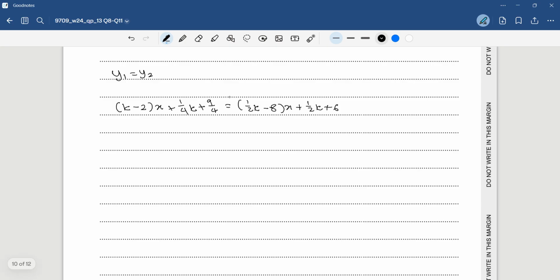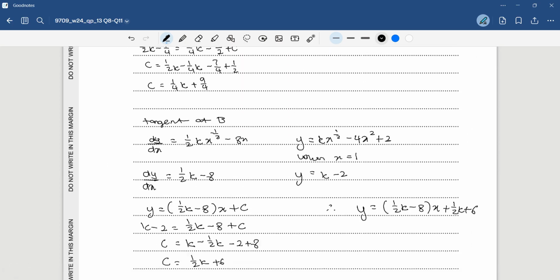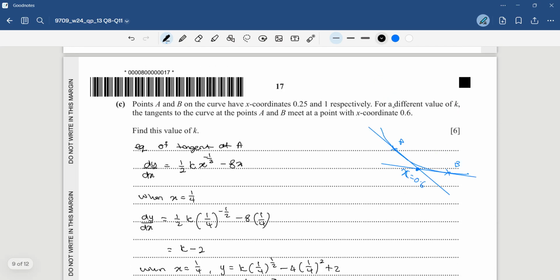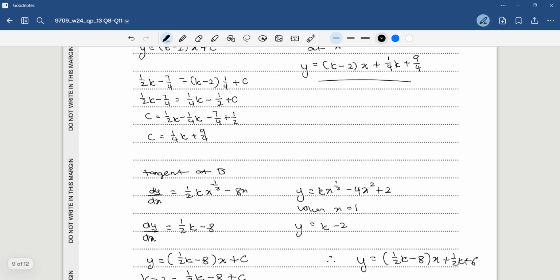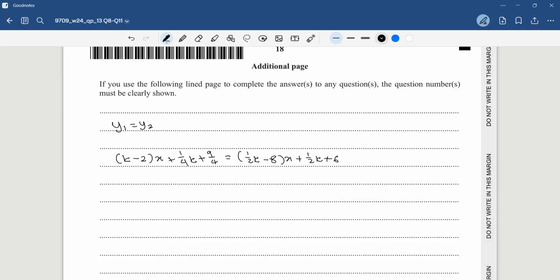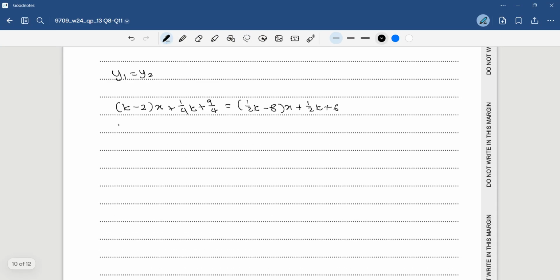Okay. And it's already given in the question that at this point my x coordinate is 0.6, so you can directly substitute in x equal to 0.6. So k minus 2 times 0.6 plus 1 over 4k plus 9 over 4 equivalent to 1 over 2k minus 8 times x equal to 0.6 plus 1 over 2k plus 6.